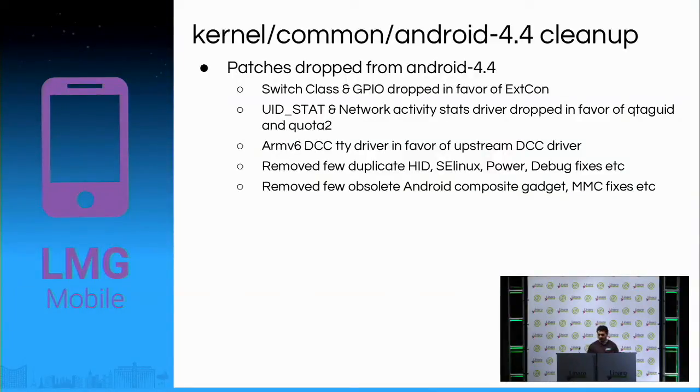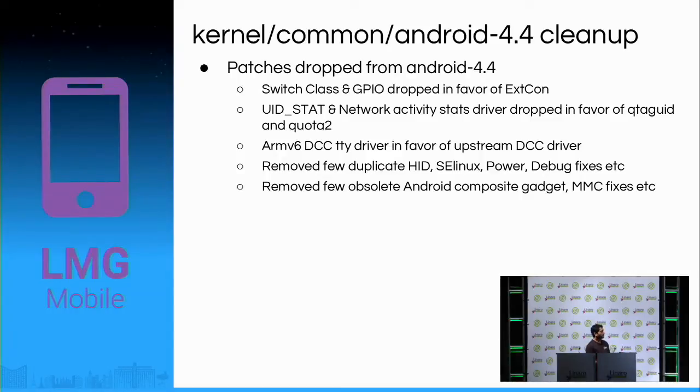Okay, so now that we have talked about Android 4.4 patches, there are a few patches which, if you compare with 4.1, were there in 4.1 and now they are not in 4.4. Because as part of LMG, we took up this small cleanup project where we looked at Android 4.4 patches and tried to figure out whether we need this particular AOSP patch or not.